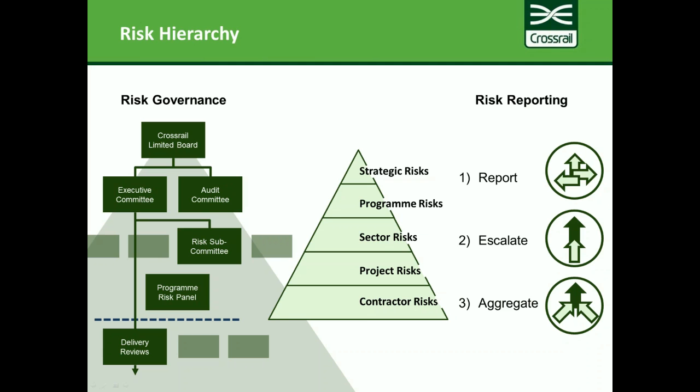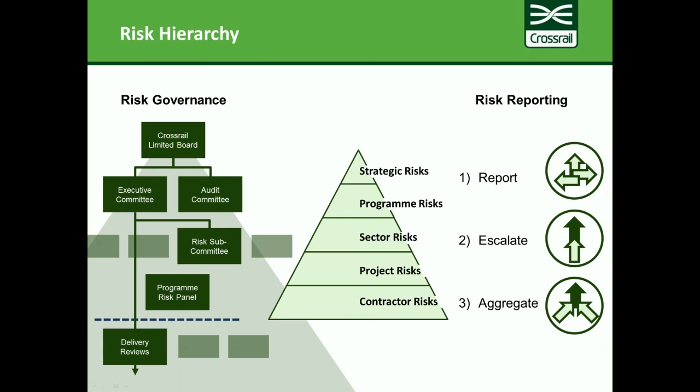This is just a picture of a risk hierarchy, and it's something that is pretty standard and something that you would expect on a major project like ours. I think for me the key part is that the risk hierarchy in the middle relates to the organizational hierarchy, which is on the left-hand side. And the key thing about this risk hierarchy is it allows the different parts of the organization to engage in the risk process at the point that they can actually make a difference.